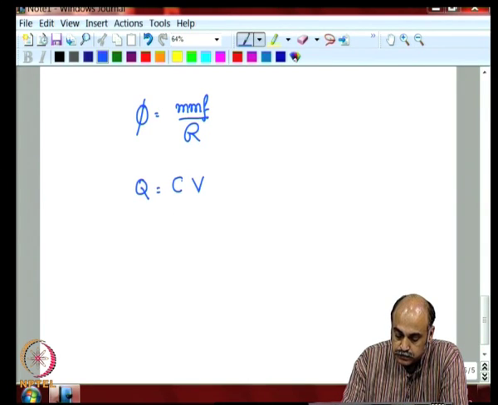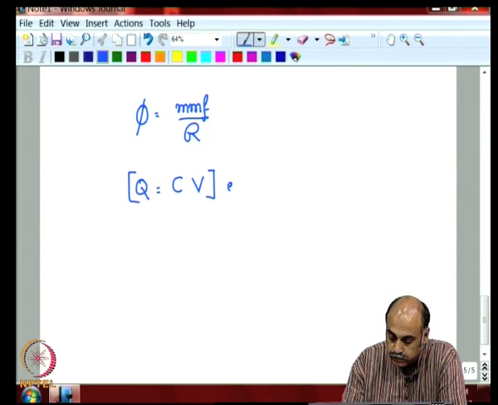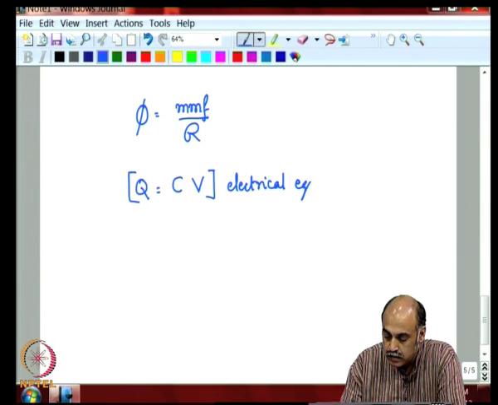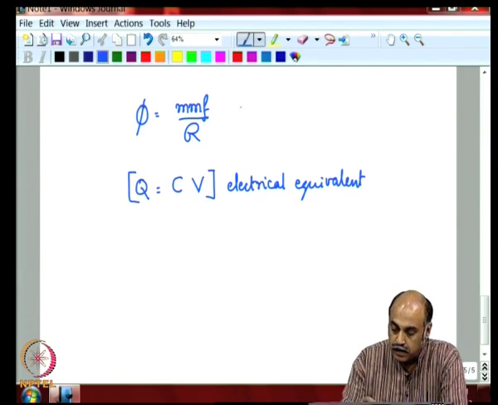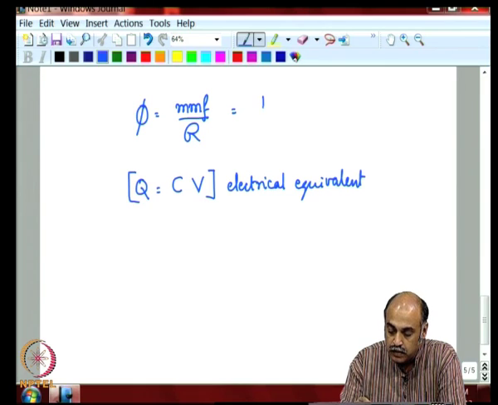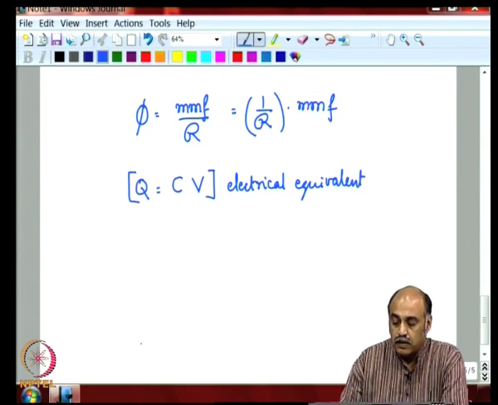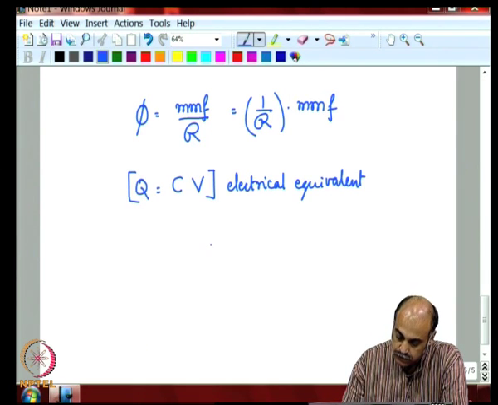Now, this is the electrical equivalent. You can put it in that form, 1 by reluctance into MMF. Now, what is 1 by reluctance?